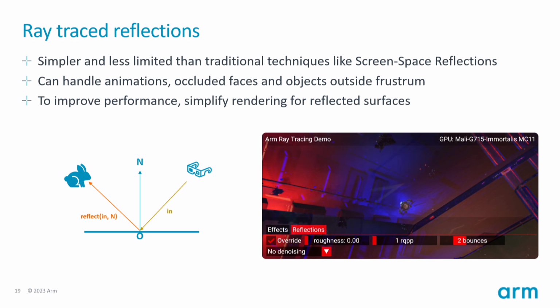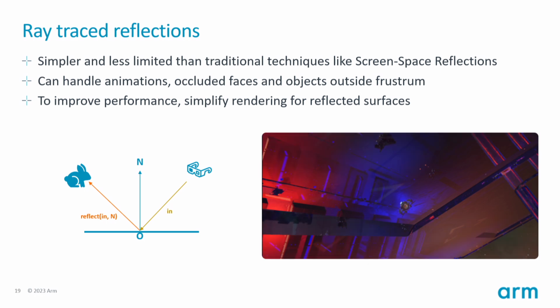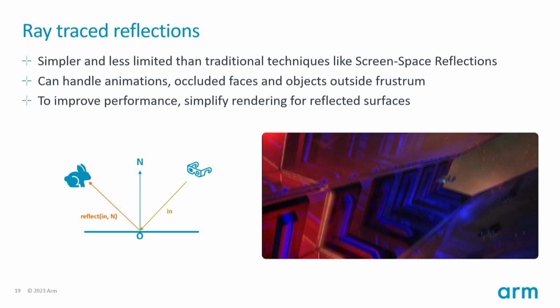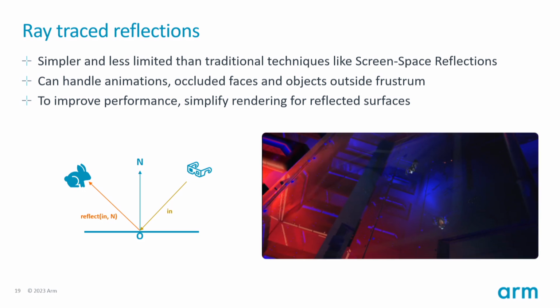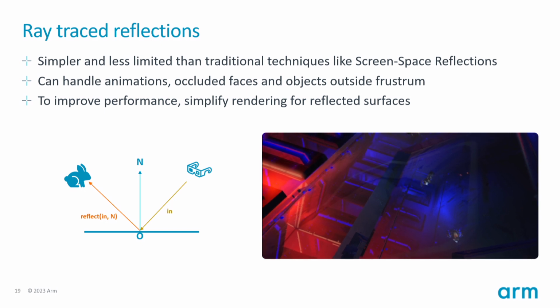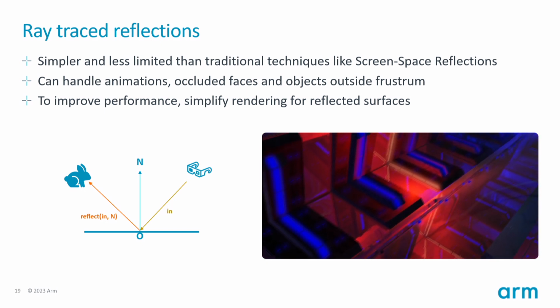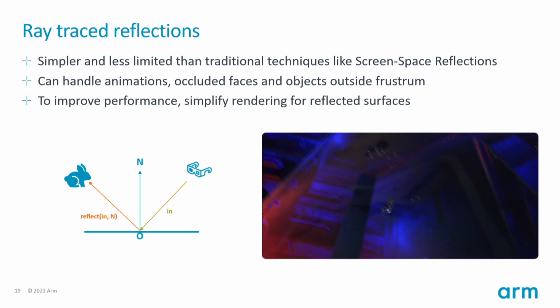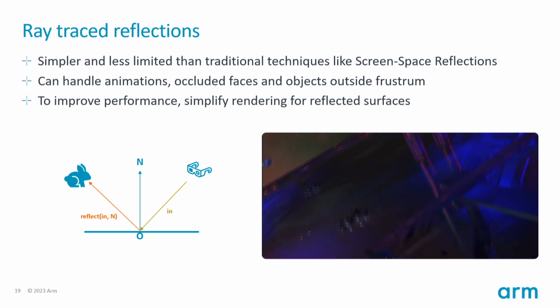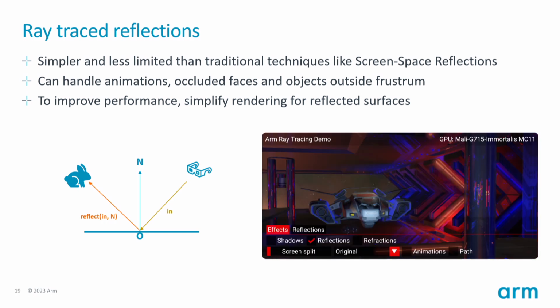So again, this would be very hard to achieve by using traditional screen space reflection. So you should be able to see the reflection in reflection. That means recursive reflection.